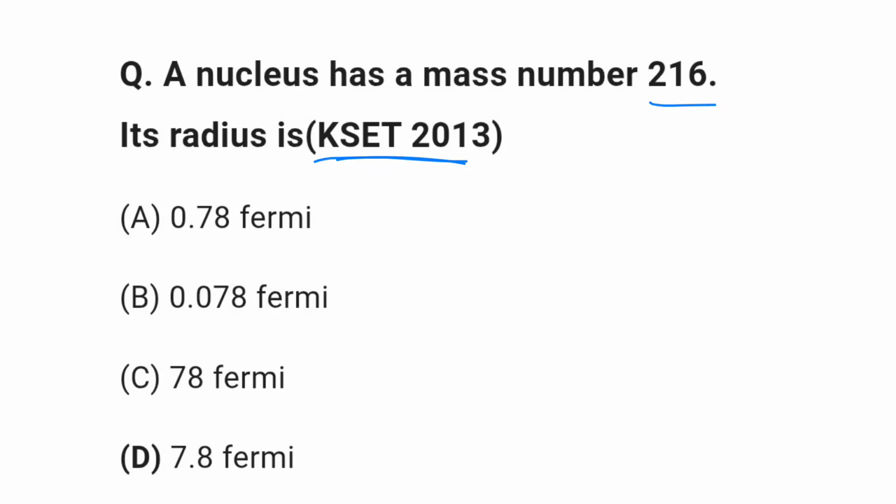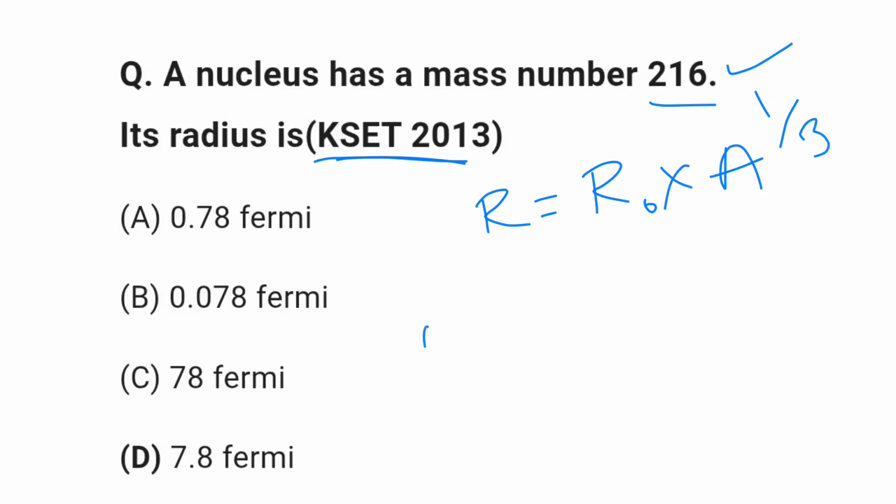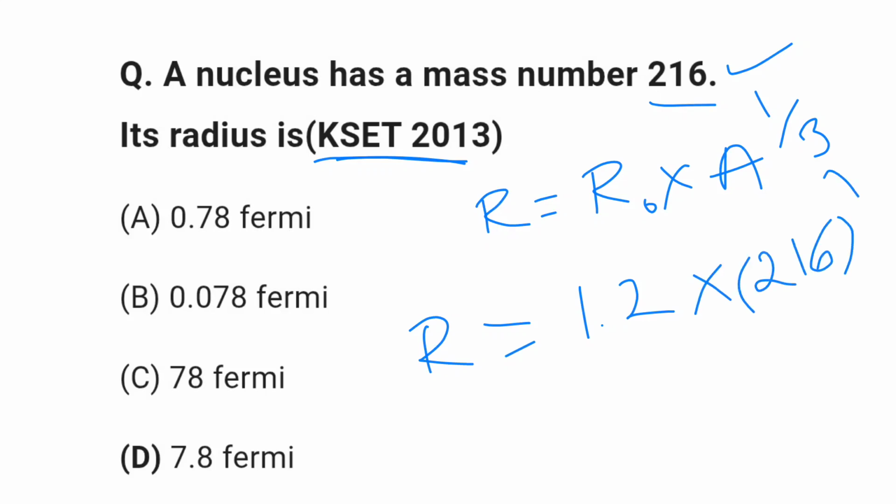So the given mass number is 216. The nuclear radius formula is R equal to R naught times mass number raised to 1 by 3. R equal to R naught value is 1.2 femtometer into 216 raised to 1 by 3. Mass number is 216.